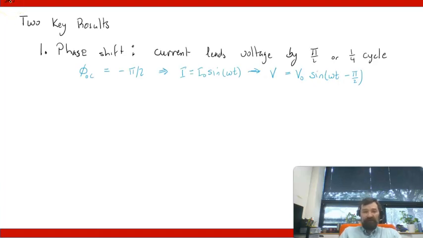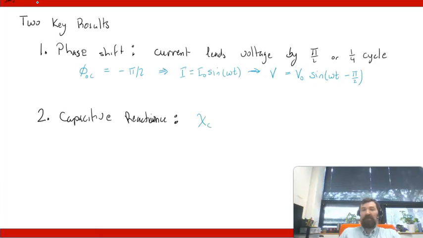Our other result is the reactance. We have now capacitive reactance, and the capacitive reactance is the ratio of the peak voltage to the peak current for a capacitor.